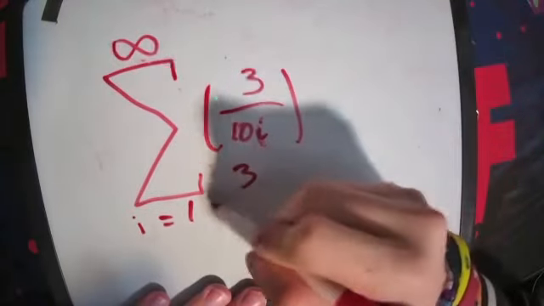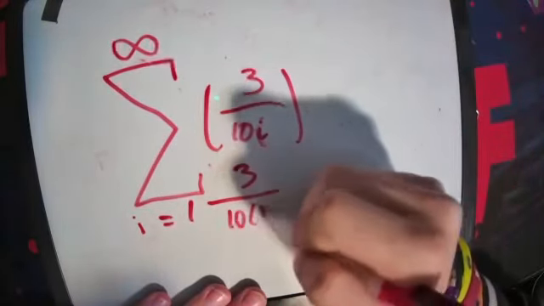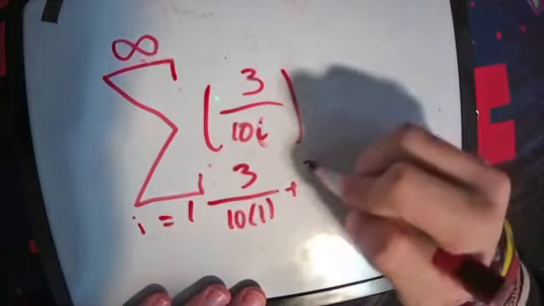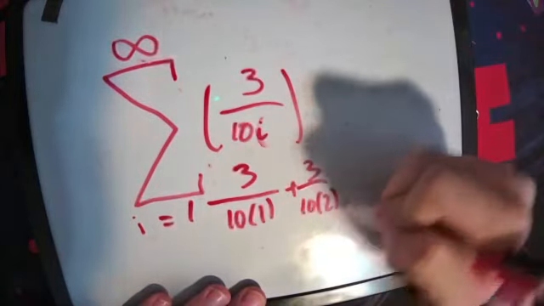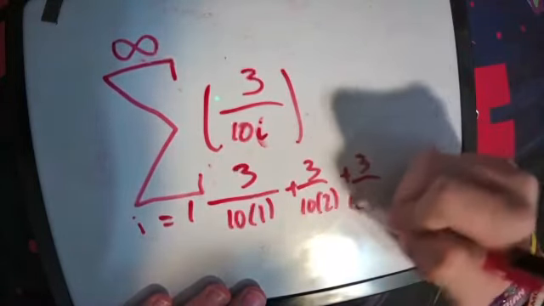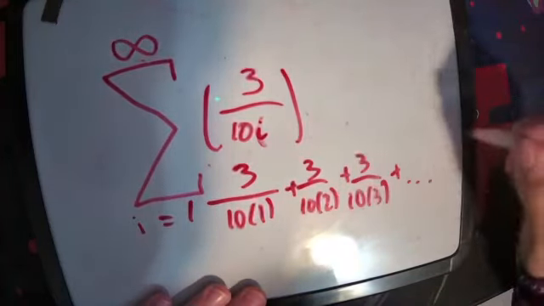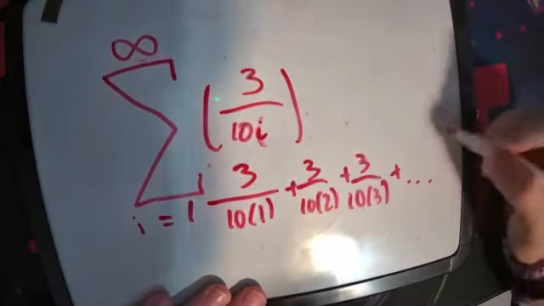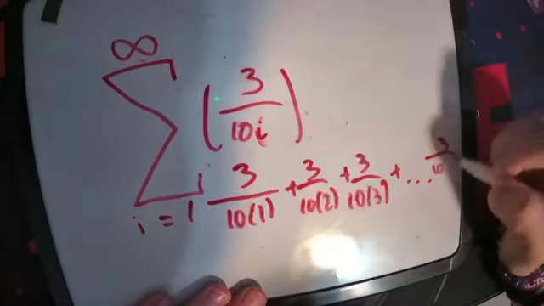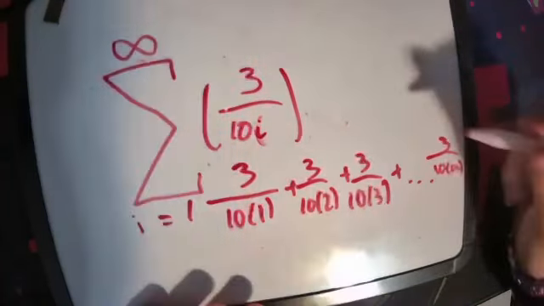Let's write that out. We have 3 over 10 times 1 plus 3 over 10 times 2 plus 3 over 10 times 3, and so on, until we have 3 over 10 times infinity.